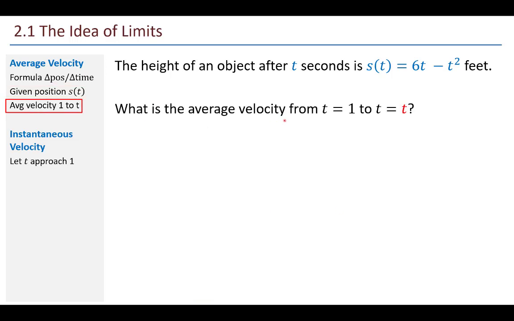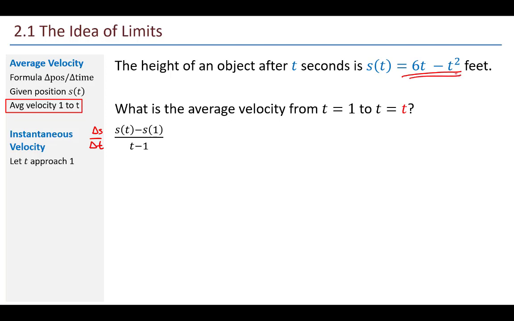What is the average velocity from t equals 1 to, well, just t? Let's leave that endpoint a variable. So we have a formula that gives us our average rate of change. So in this case now, my delta s over delta t, it just stays a variable, s of t. And the bottom number just stays a variable, it's just t. Well, I know what s of t is.